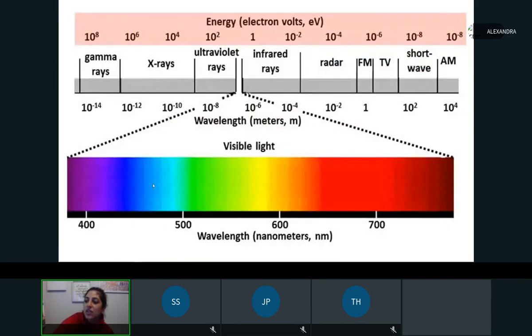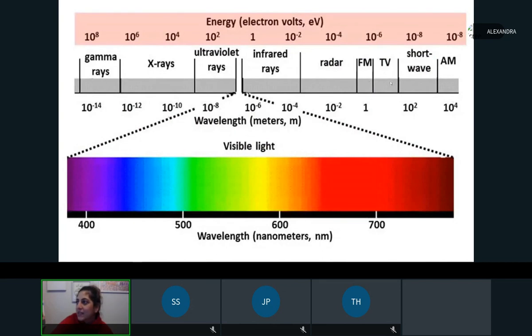So this is what I was talking to you about, the visible light spectrum. Here are all of the different wavelengths. So remember that things can travel via waves. Each wavelength also corresponds to a speed. And there are all these different types of waves. We've had radar, right?